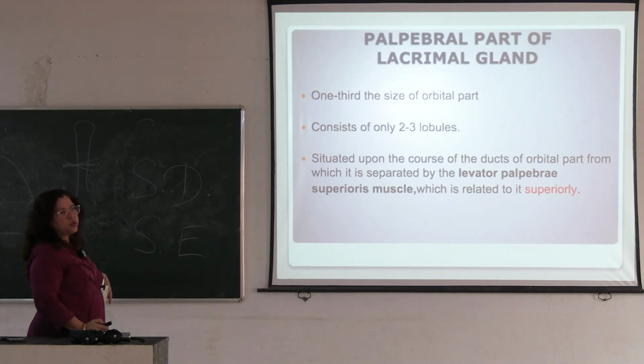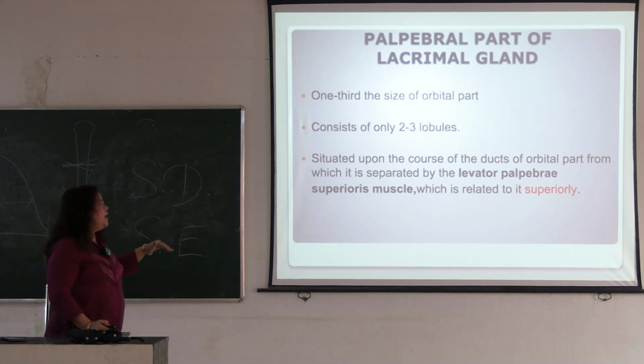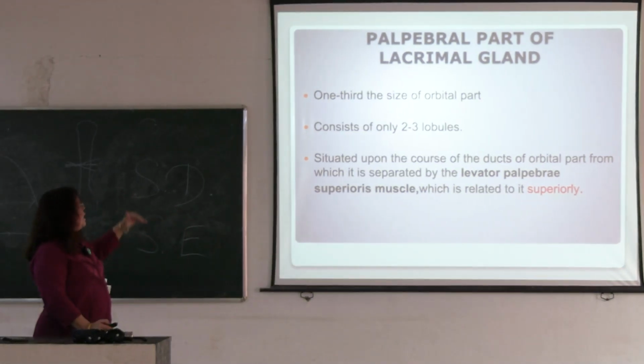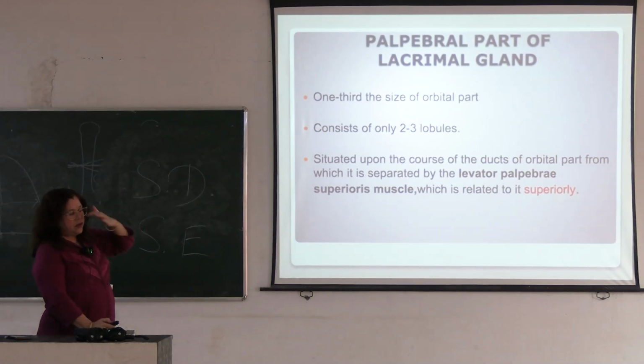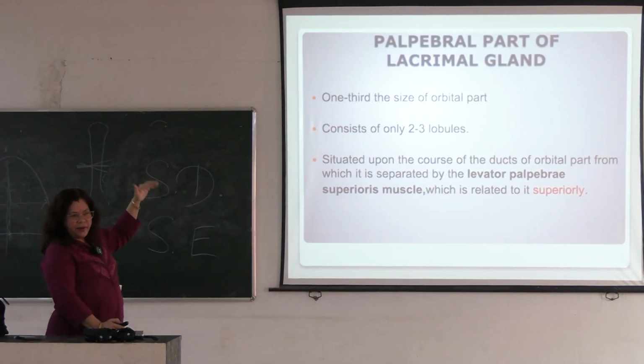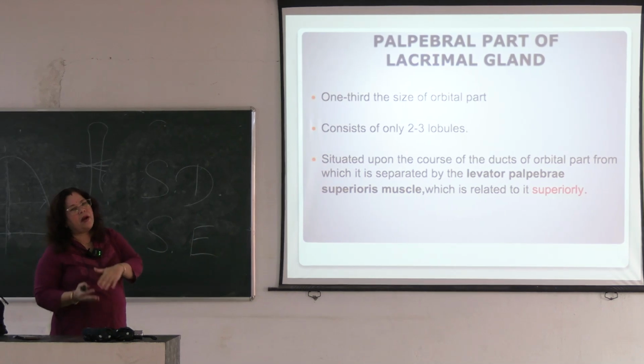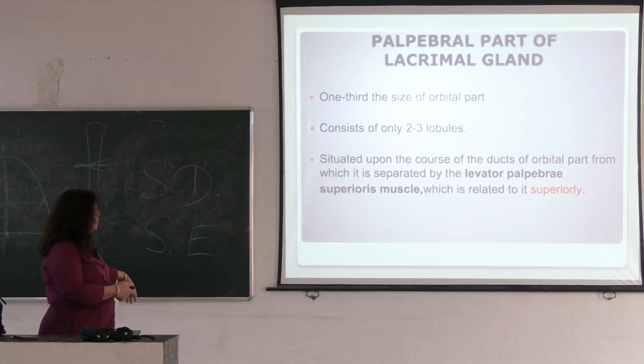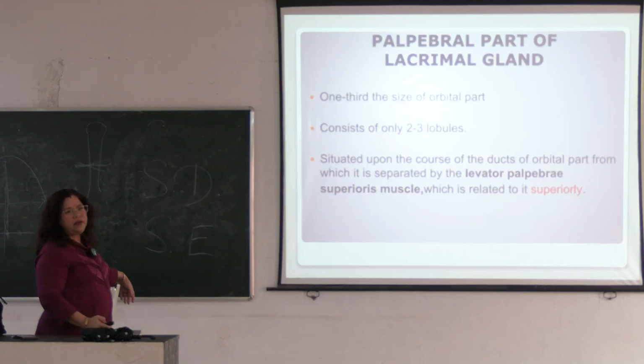It consists of only 2 to 3 lobules and is situated upon the course of the ducts of the orbital part, and which separate the levator palpebrae superioris muscle, and ducts emerge from the orbital part. They traverse through the palpebral part of the lacrimal gland, and they open into the superior fornix. What is fornix?